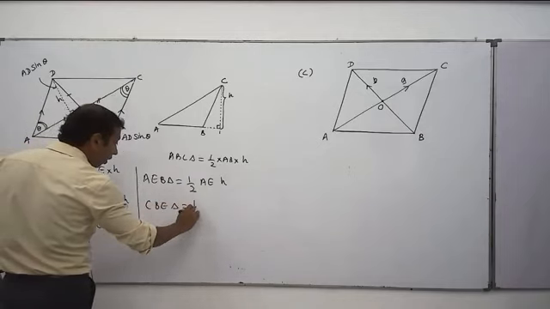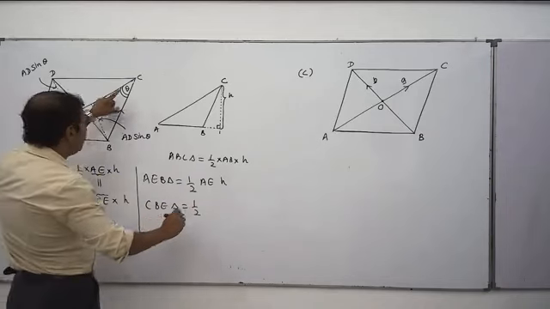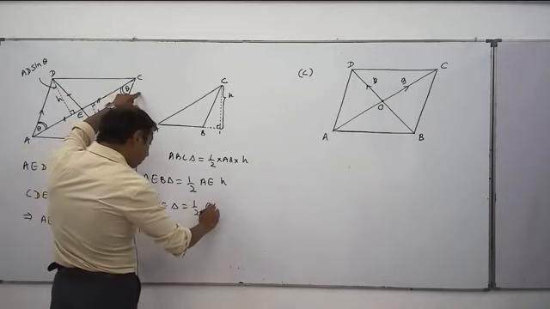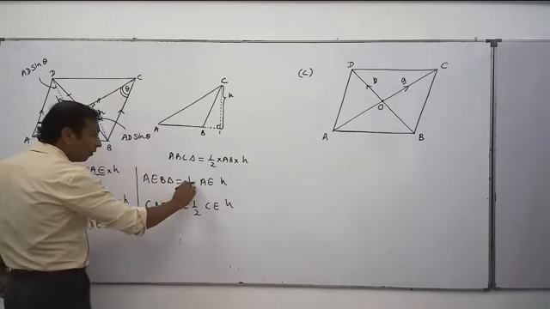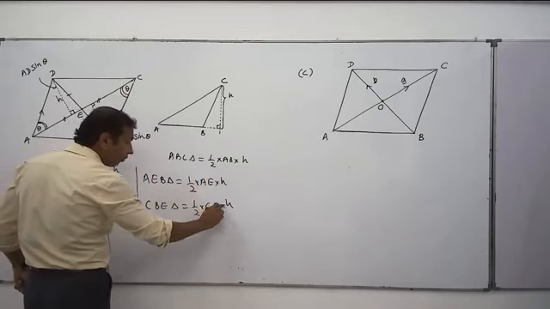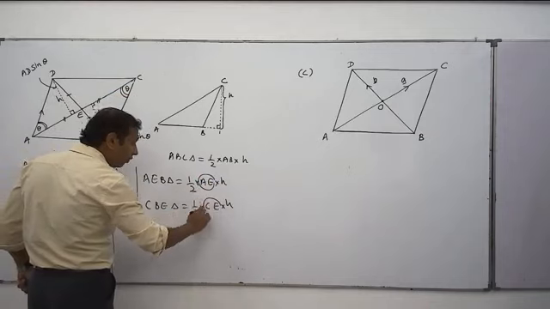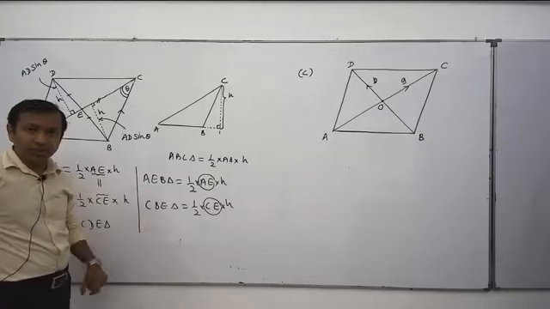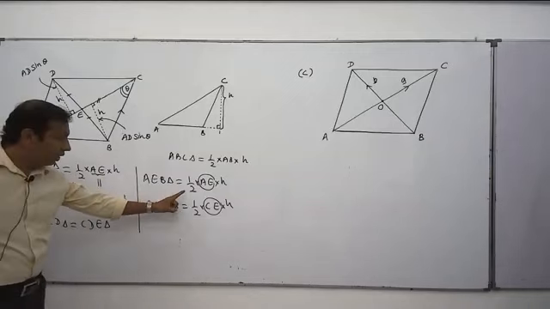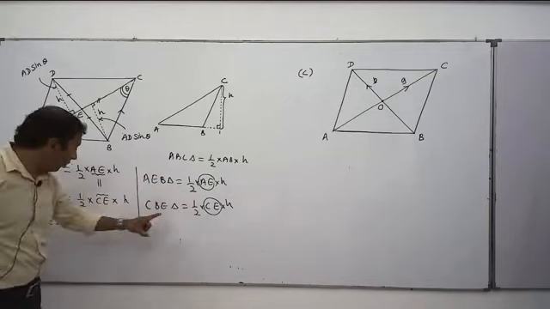It is half CE into perpendicular height, this H. See, people, again, what do you get? This AE and CE are equal. AE, CE equal. Therefore, these two areas are also equal. Then this area is equal. The same figures only, people, here also we have.